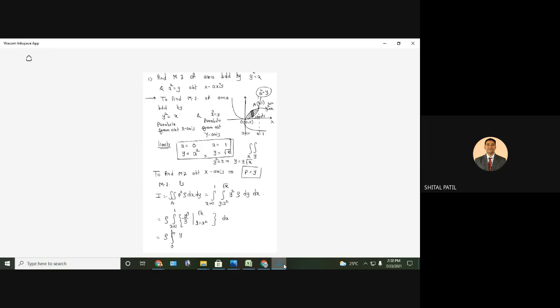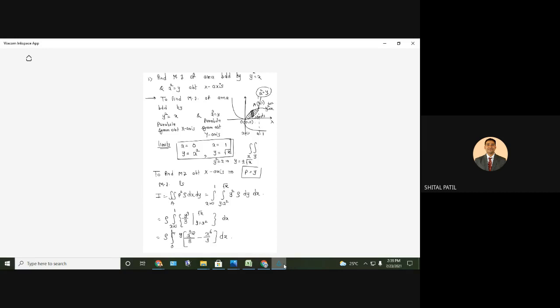So x raised to 3 by 2 divided by 3 minus x raised to 6 divided by 3.